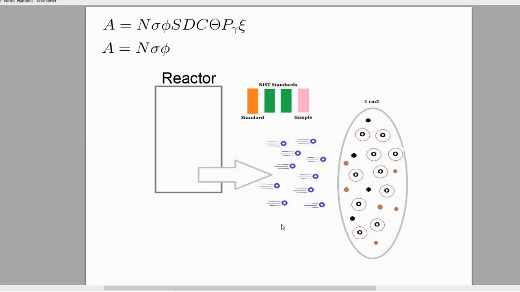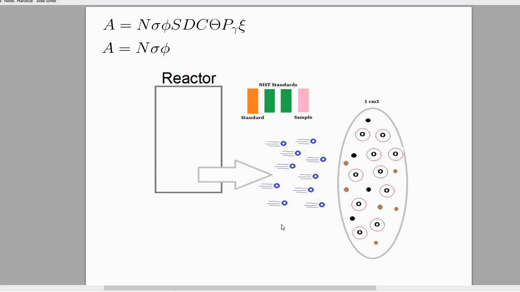If we increase the cross-section, we will see a greater reaction rate because you're more likely to have interactions with higher cross-sections. The third way we can increase the reaction rate is by increasing the number density, which is N, so atoms per cubic centimeter of the isotope of interest. In this case, our isotope of interest is the hollow black atoms, which would be the black element.